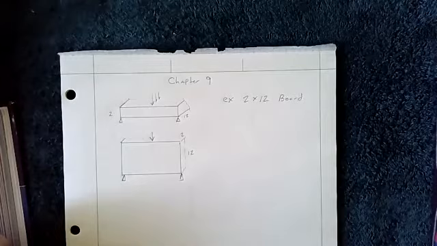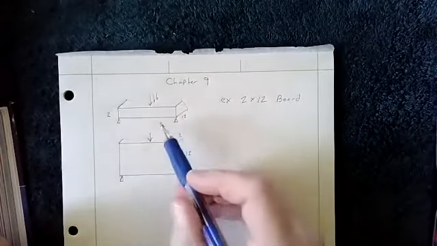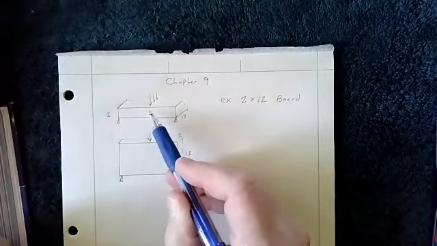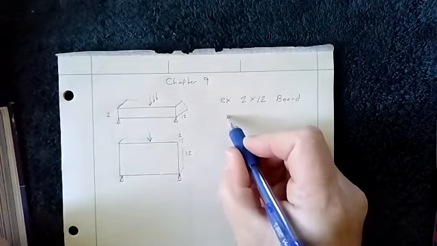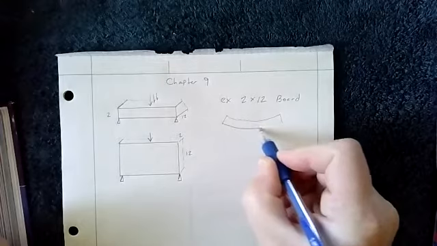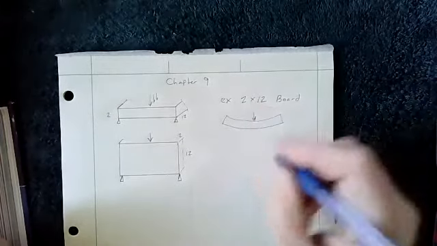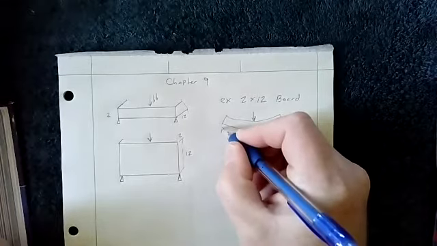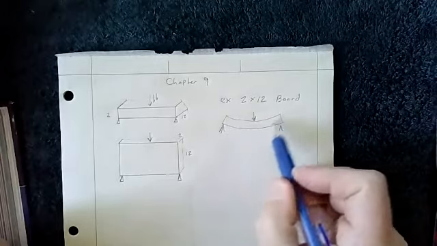Both have the same mass, same dimensions, and so your intuitive answer is probably going to be this one if we lay it like this. If we go ahead and put a load on it, we're going to get something that, again a little exaggerated, looks more like that, where we have a load in the middle, we have it supported on both ends, and it ends up deflecting.